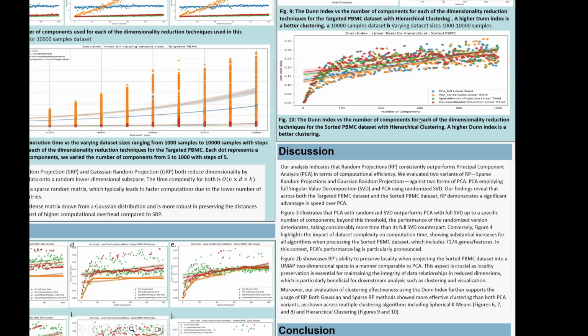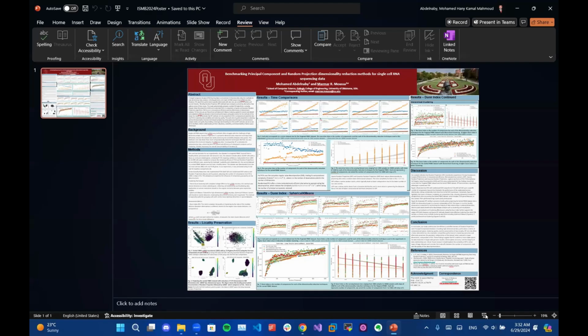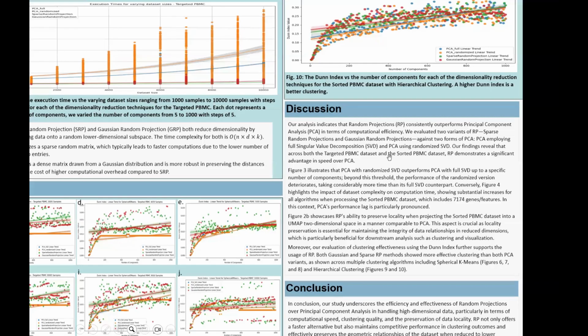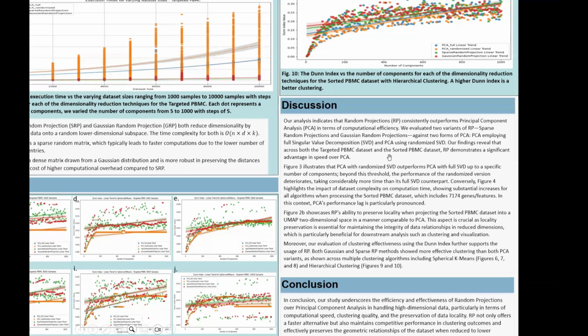So pretty much in this project, what we're aiming to show is that random projection is outperforming PCA in terms of computational efficiency. We evaluated the two versions of random projection and also PCA, and we saw that across these two datasets, random projection has a much greater advantage in terms of speed over PCA.